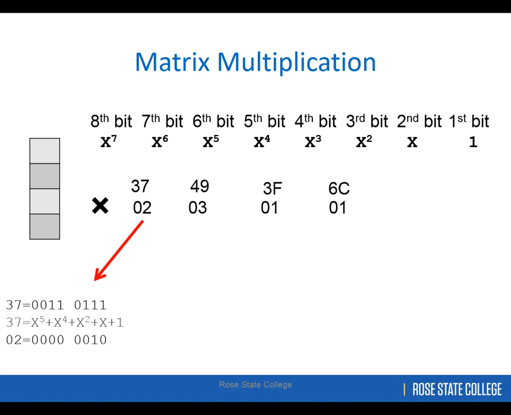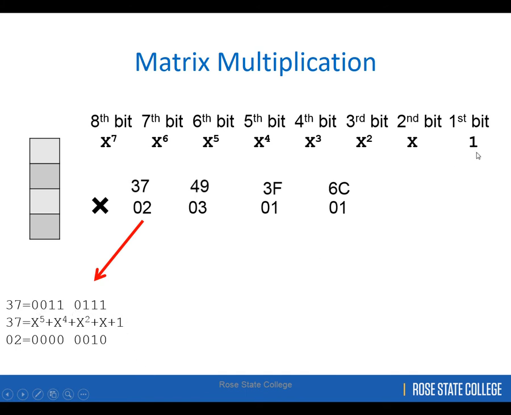And there's 2. But this way here, what you need to do is convert them into an algebraic expression. It's actually very simple. So if we look at 37, see how 37 in binary is 0011 0111.